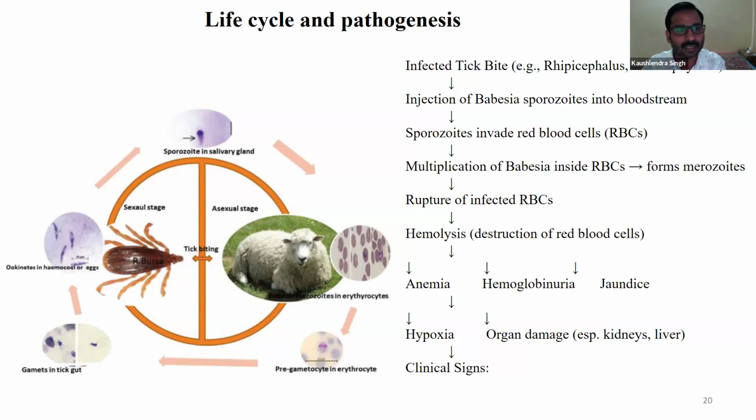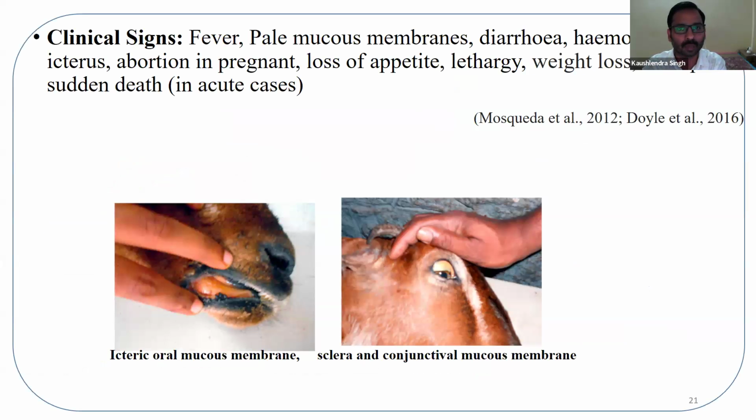Clinical signs develop like fever, pale buccal membrane, diarrhea, hemoglobinuria, icterus, abortion in pregnant animals, loss of appetite, lethargy, weight loss, and the animal may collapse or die suddenly in acute cases. In this picture, you can see the icteric oral mucous membrane and icteric conjunctival mucous membrane.